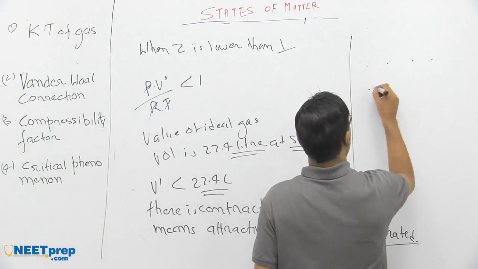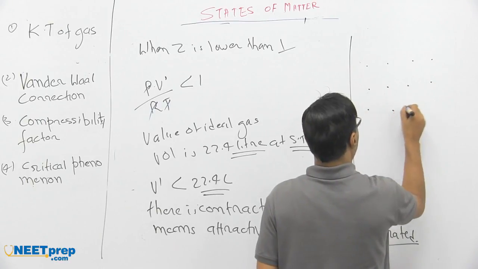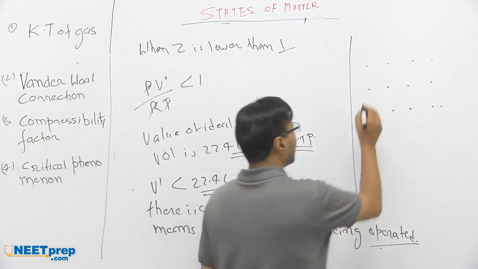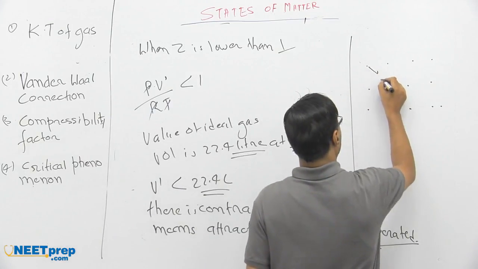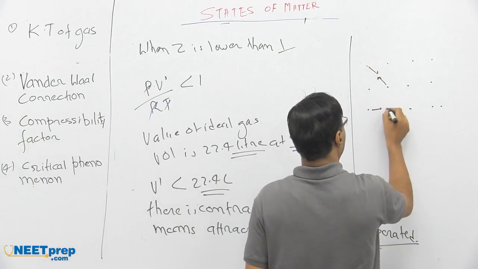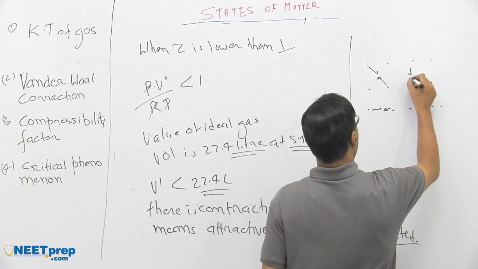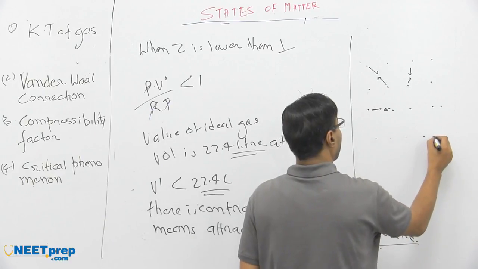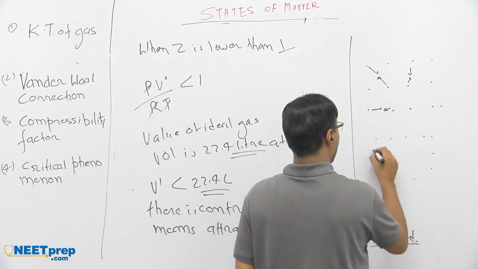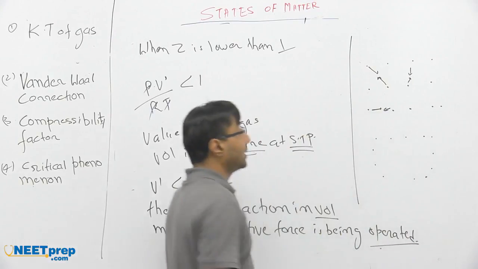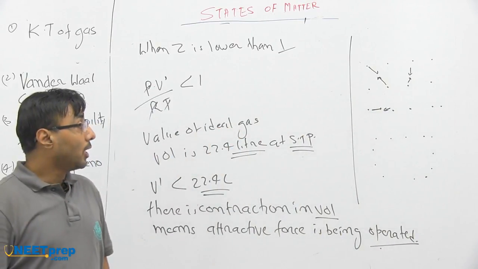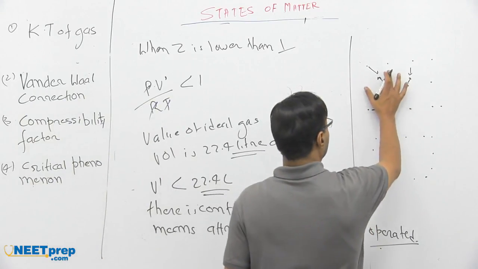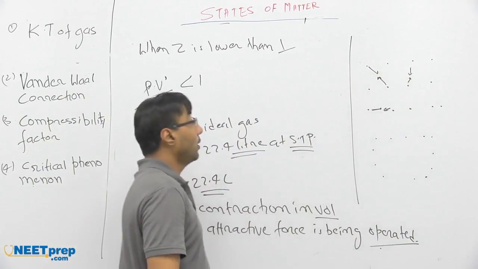This was the actual volume of the gas, but due to attractive force, molecules came close to each other, and finally the volume has decreased. From this volume to this volume it has come.